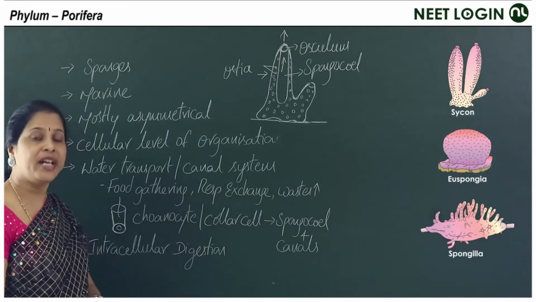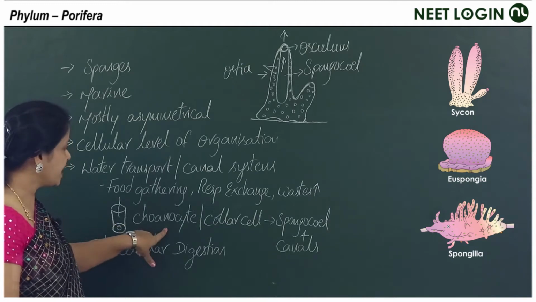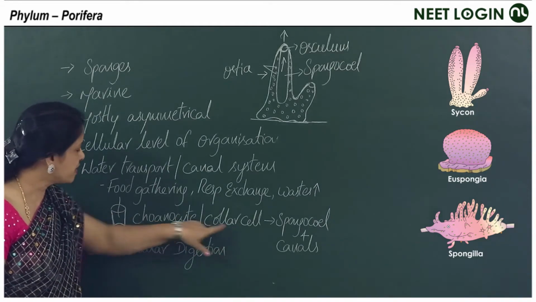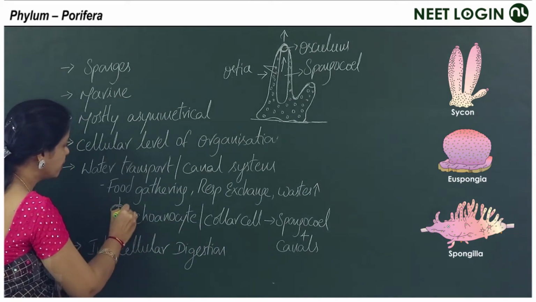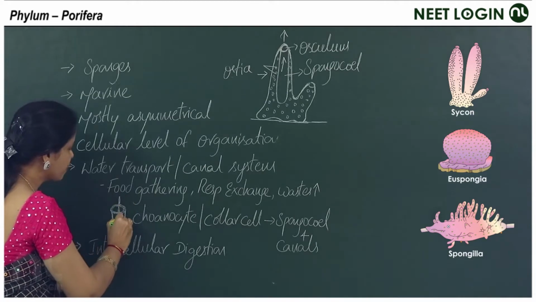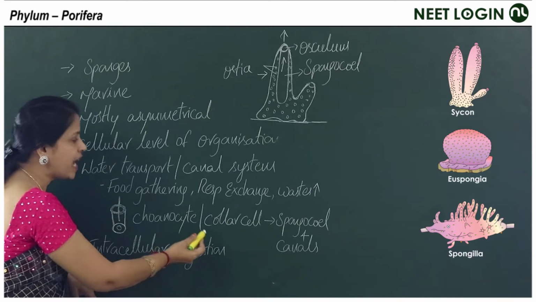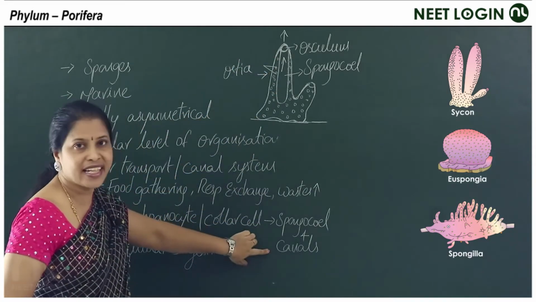Moving on to the next important point, that is choanocytes. I am showing here a picture of how they look. These are the collar cells, they have a collar-like structure, and here you are observing a flagella-like structure. These collar cells, the choanocytes, surround the spongocele and canals.